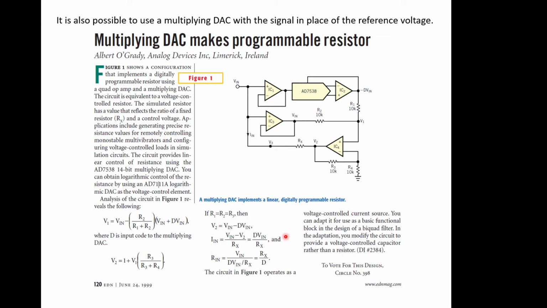You might not know what a biquad filter is, but we'll be doing that in a couple of weeks' time. We'll understand the basics of a biquad filter, which is a very versatile filter block, and then you can start to say, well, actually some of the resistors in there that need to be controllable I could replace with something like this, which is quite accurate for resistance, or one of the digital resistors that we just looked at on the previous slide.